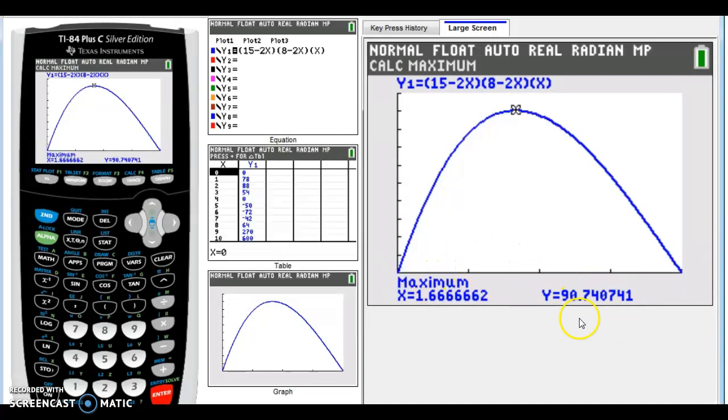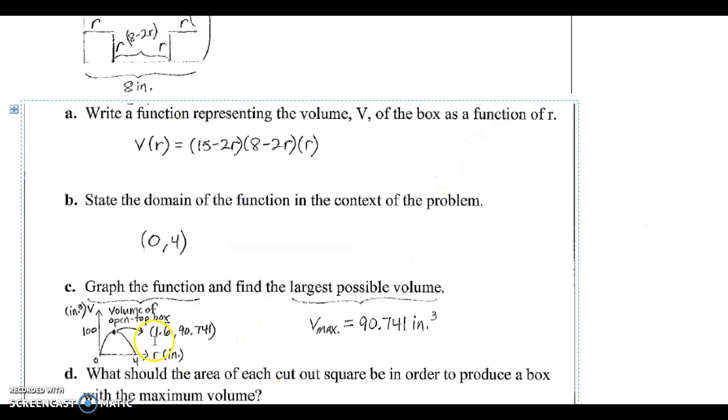So that represents a point, and if we go back to the solutions, this 1.6 repeating represents an R value, and 90.741 represents a V value. So when the R value is 1.6 repeating, the V value is 90.741, which is our maximum volume.